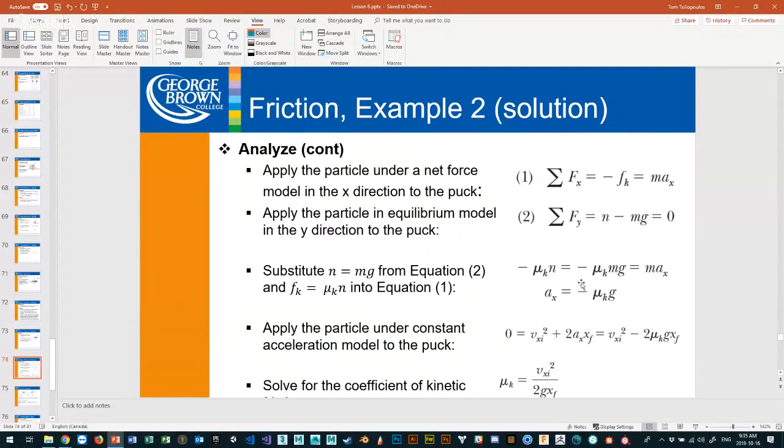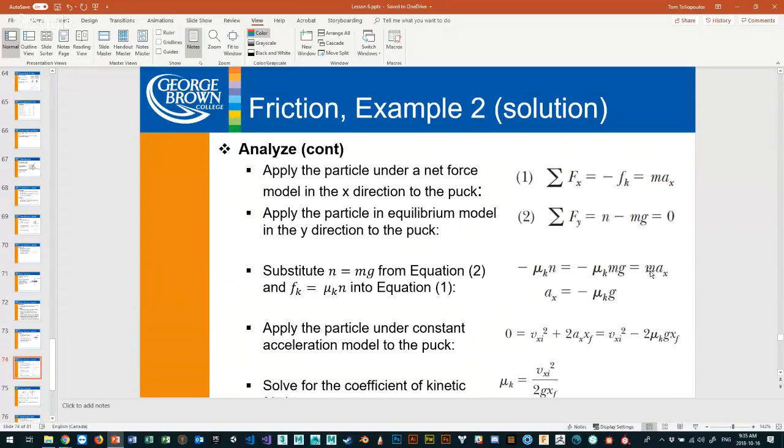So now we can say that the negative force of kinetic friction is equal to negative mu, where mu is the coefficient of kinetic friction, times the normal force. And the normal force is equal to mass times gravity, which is equal to mass times acceleration across the x-axis.